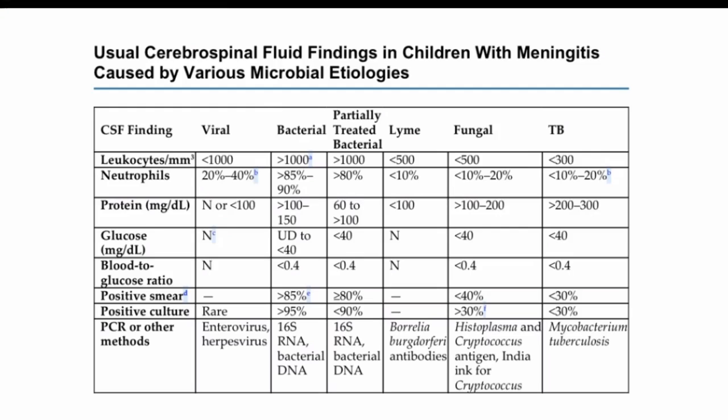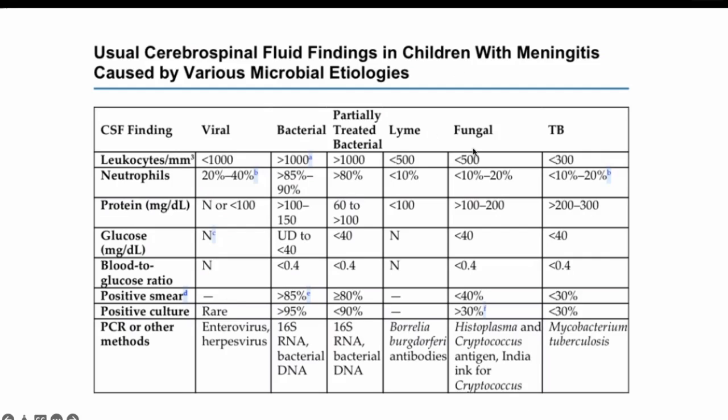Protein, normal to high. Glucose, normal to low. So the first parameter to be corrected is the Gram stain and culture, then the protein, then the glucose, then the white blood cells.